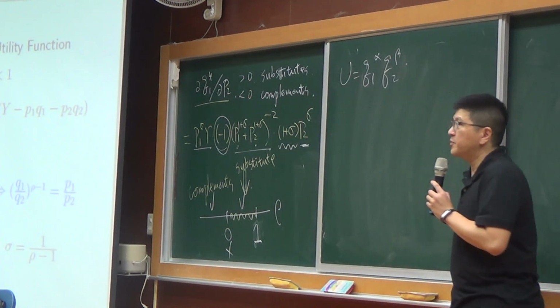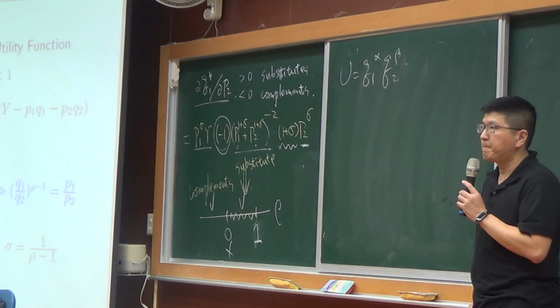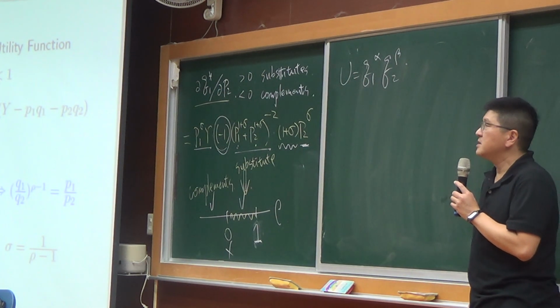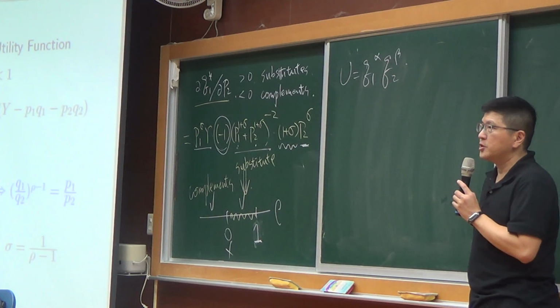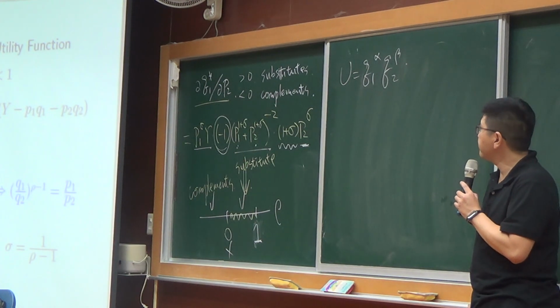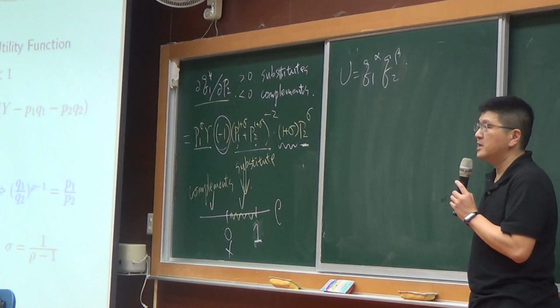Okay, let's go back to the Cobb-Douglas utility function. If we want Q1 and Q2 to satisfy some specific property, like if we want good 1 to be good and good 2 to be good, what about alpha and beta?